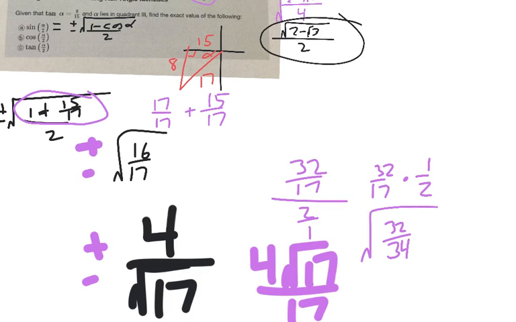I took 89 degrees, which is basically as big as you can get in quadrant 1. If I doubled it, I've got 178, which still doesn't get me to quadrant 3. 178 would only be in quadrant 2. So I know that because alpha is in quadrant 3, alpha over 2 can't be in quadrant 1.